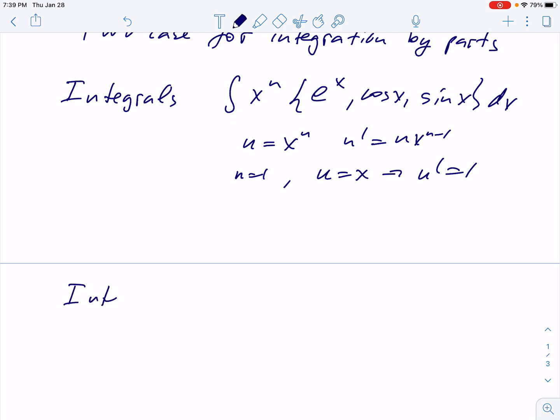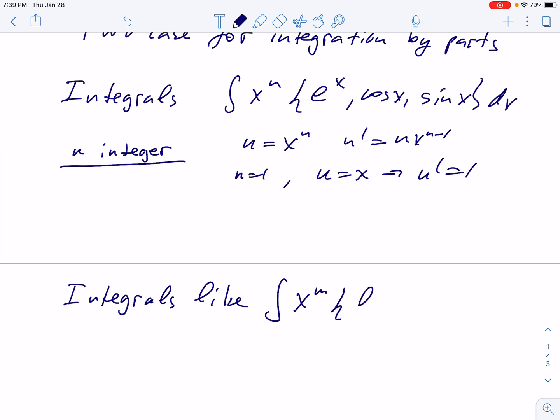Integrals like x to some power, which can be fractional, negative. In the first case here, it has to be integer, and it's integer. Otherwise it doesn't work, but in the second case it can be anything. And then we have a function like logarithm x, or arc tangent x, or arc sine x, or arc cosine x.